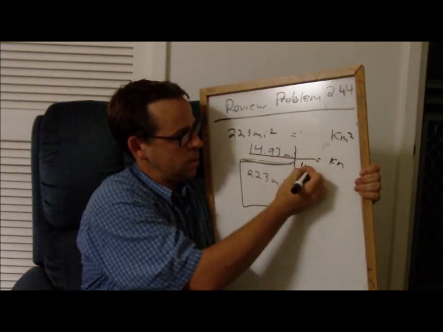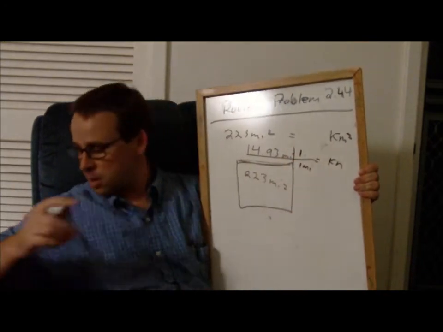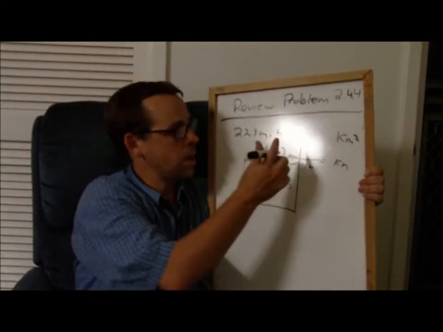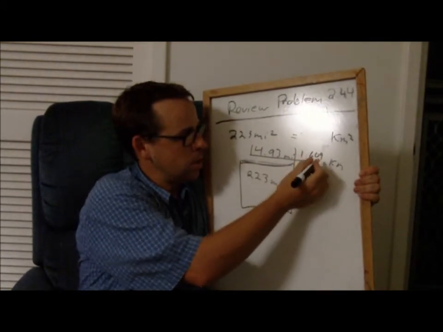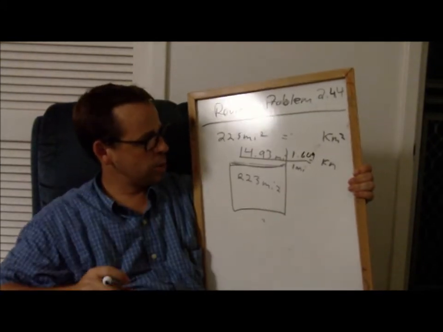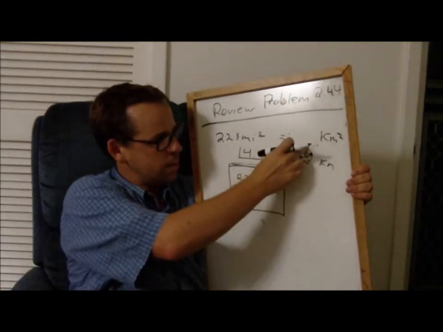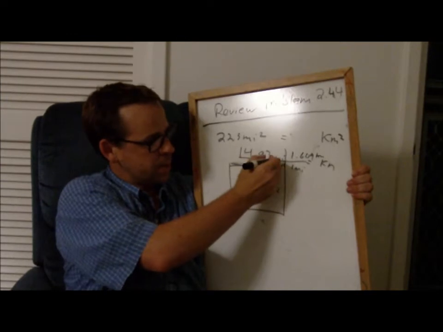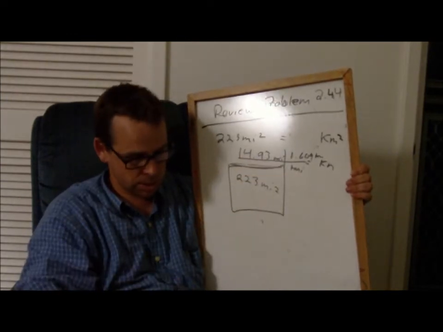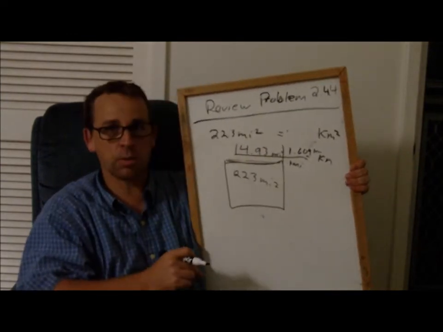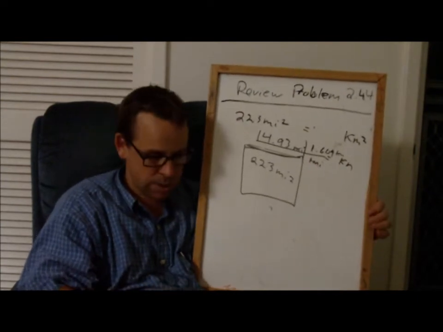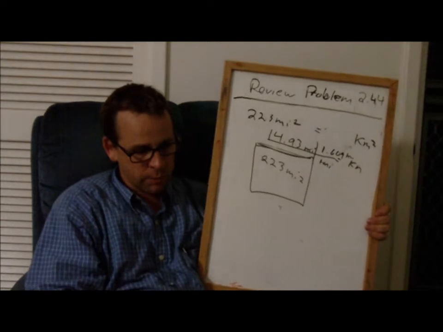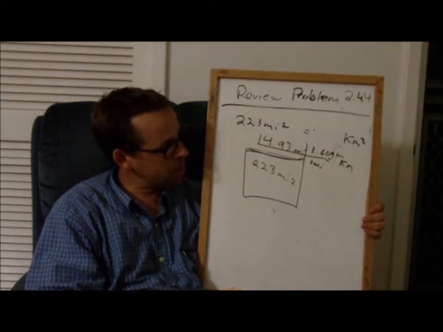For every 1 mile, 1.609 kilometers. So if I multiply 14.93 times my 1.609 kilometers, miles will cancel out, and I'll be left with kilometers on top. So I multiply the 14.93 times 1.609, and that's 24.027 kilometers.